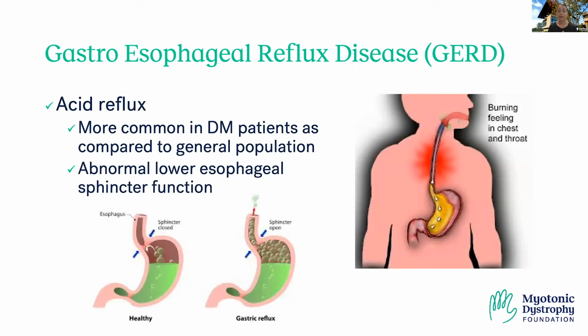The problem here is because of the laxity of the valve at the lower end of the esophagus, so the food contents, including the acid, can be pushed back up into the esophagus and cause symptoms such as chest pain, heartburn, and acid regurgitation, and can give you a lot of discomfort.